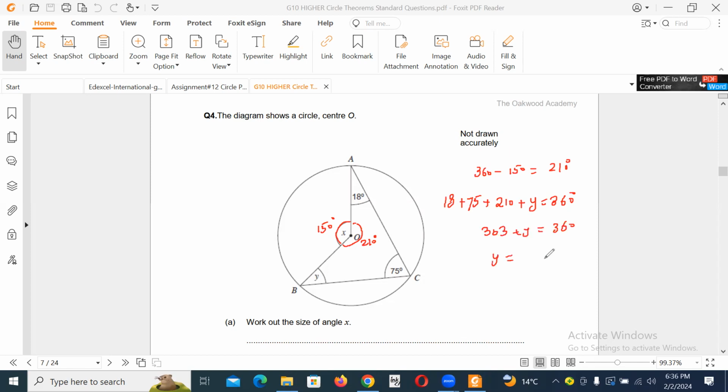So y is equal to 360 minus 303, and that gives us 57 degrees. Okay, so we found the answer, which is 57 degrees. Hope it is clear.